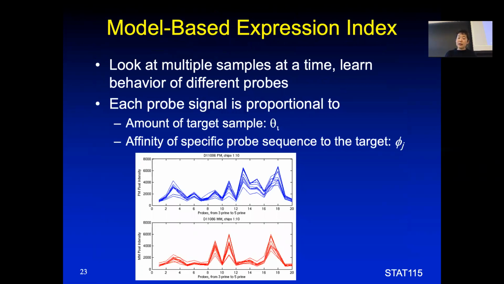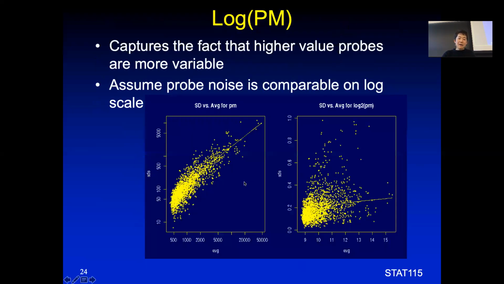So we have to understand the noise level. This probe has a low value but also low noise. This probe has a high value and high noise. The x-axis is the average signal, and the y-axis is the standard deviation. When the probe signal is low, the standard deviation, the noise, is also small. But when the signal is very high, the standard deviation also becomes higher.